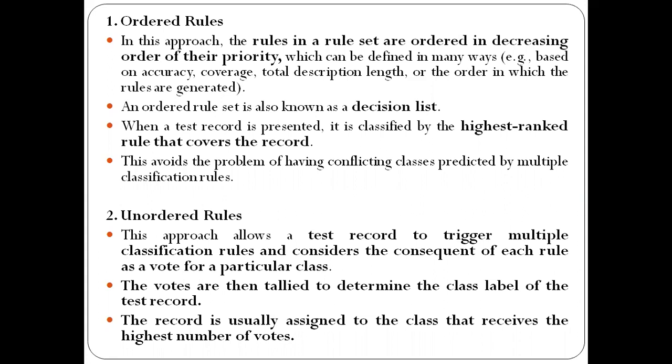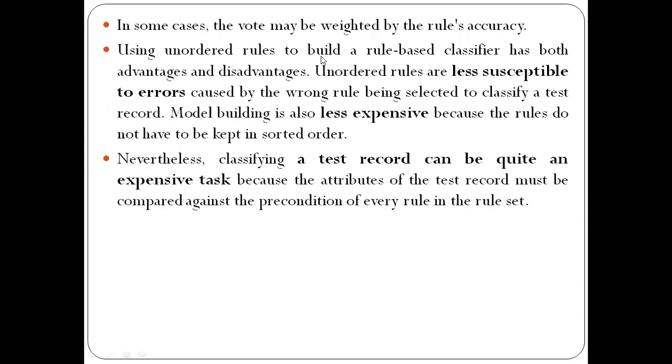Each time the test record triggers or is covered by a rule, it counts as one vote for the class label. We then assign to the test record the class label which has the highest number of votes.